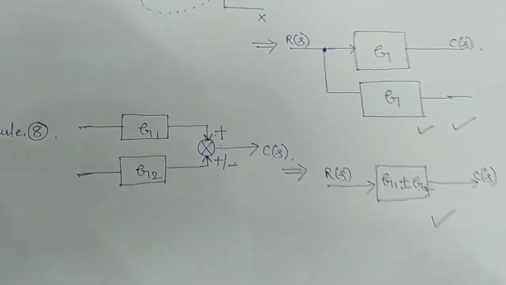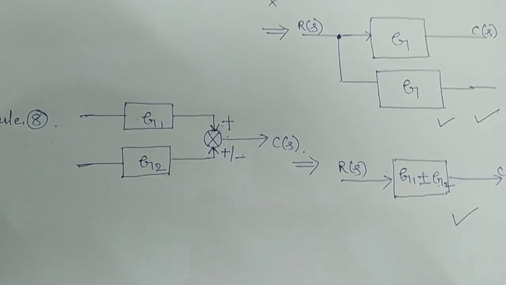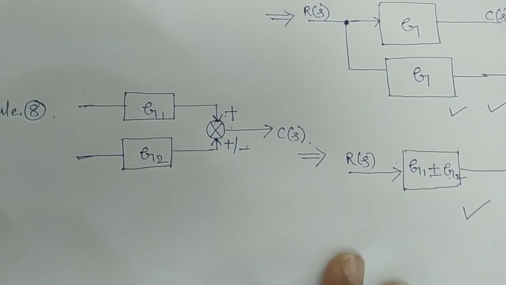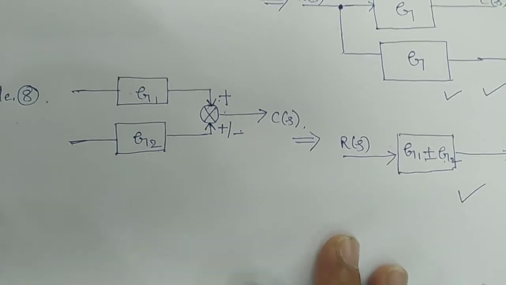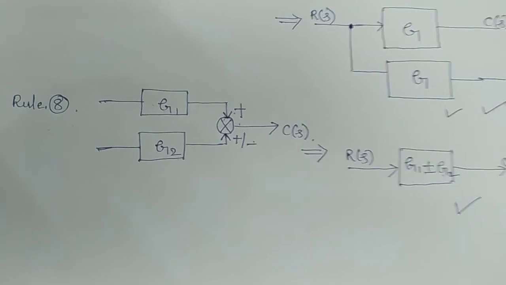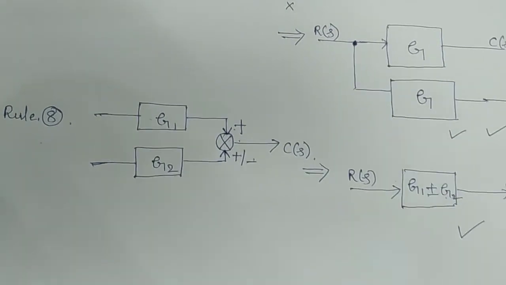One is the summing point and another is the takeoff point. These are the two points normally we have in a given block diagram problem.